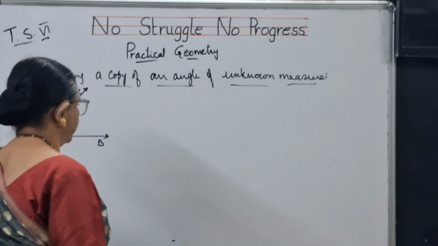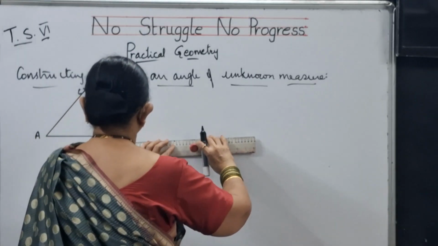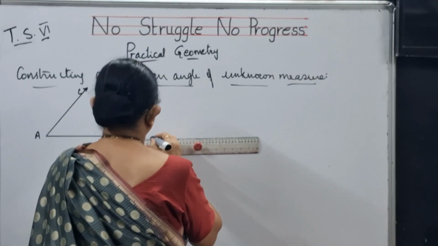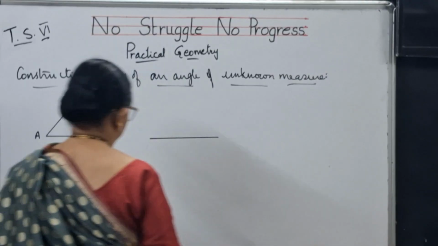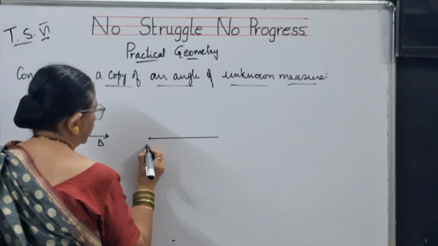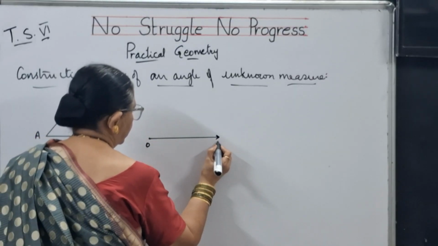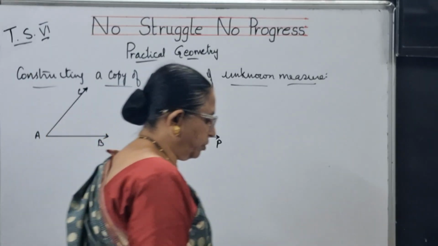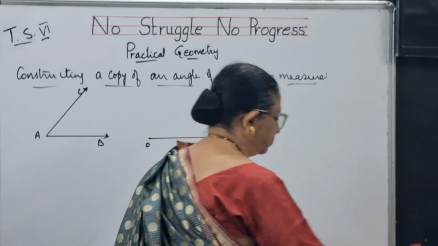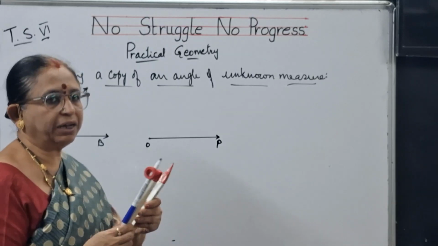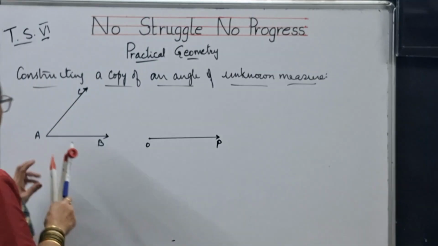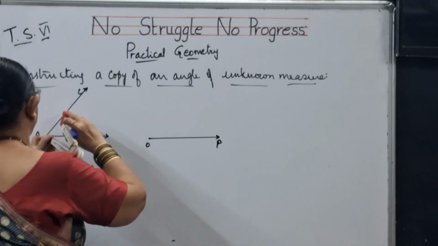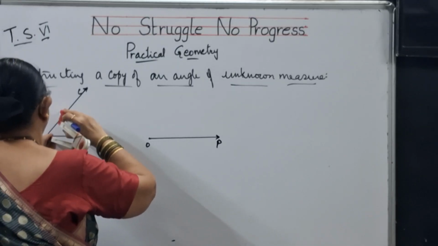By using a compass. First you have to draw a ray. Let me write O here and P here, OP ray. After drawing the OP ray, taking some radius in the compass with A as a center, you have to draw an arc.